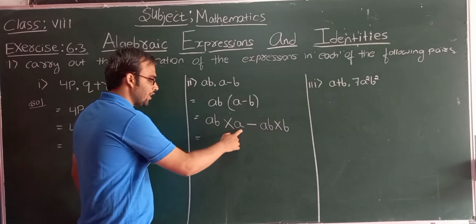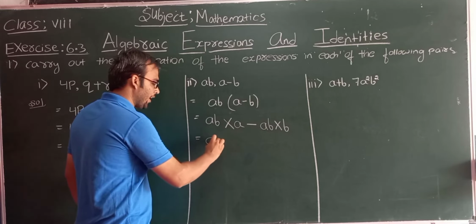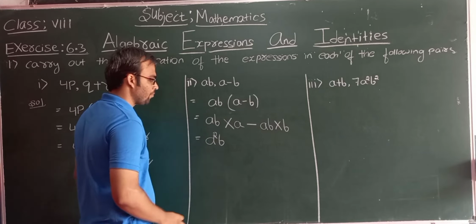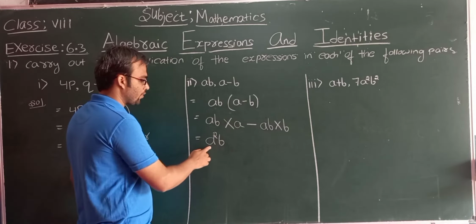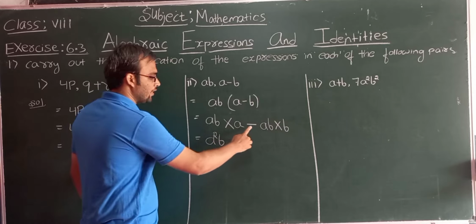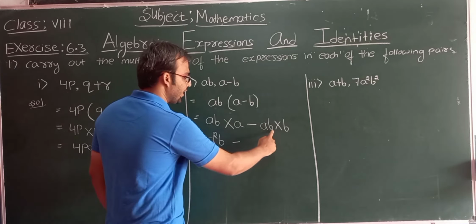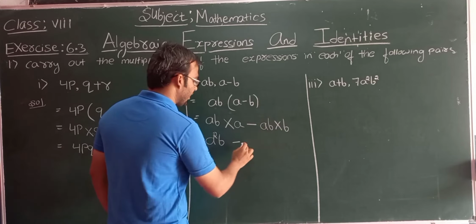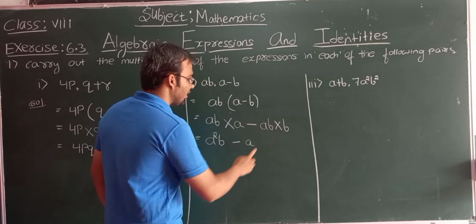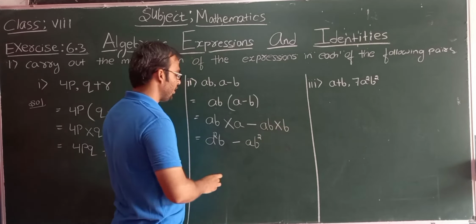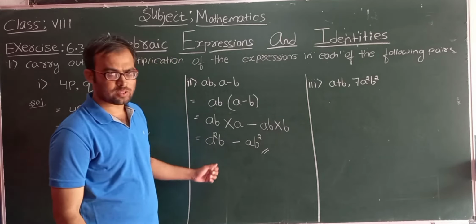Here a is there, and here also a is there, so a into a is a square. Here b is there, so write b. Next here minus is there, so write minus. Now here a is there, and here b and b are there, so write a. Next b into b is b square. So this is the solution for the second problem.